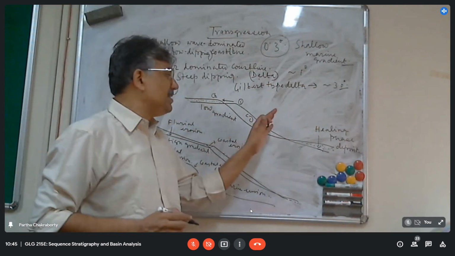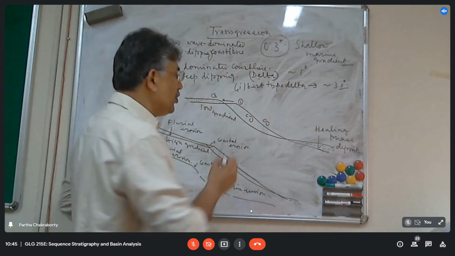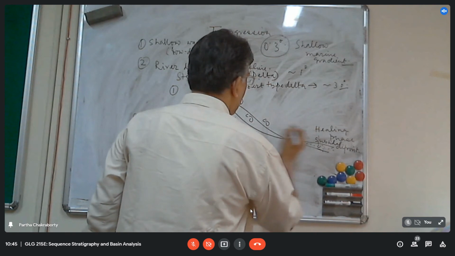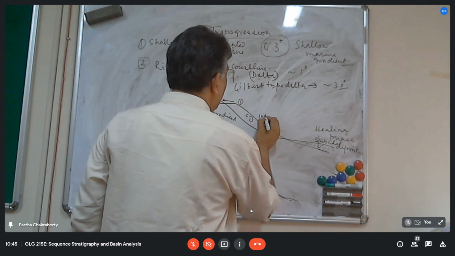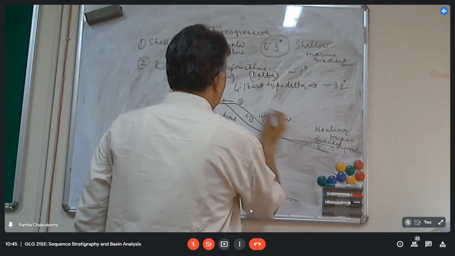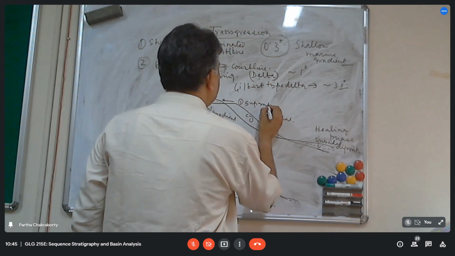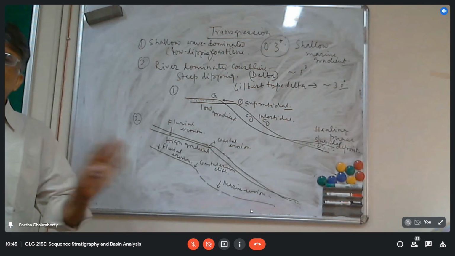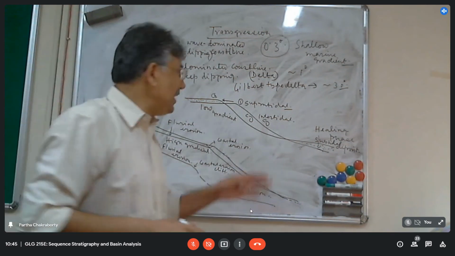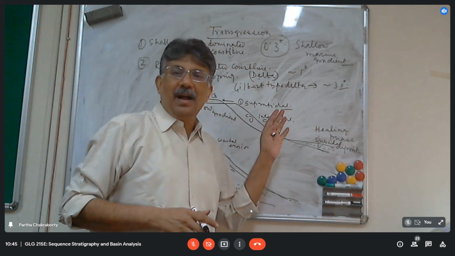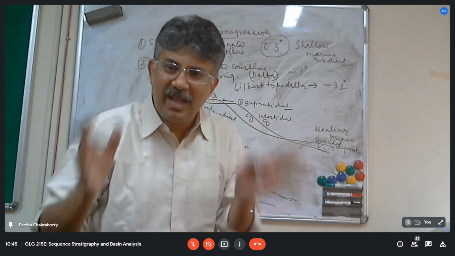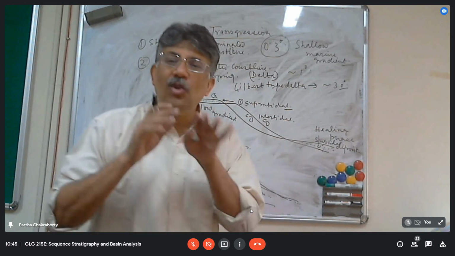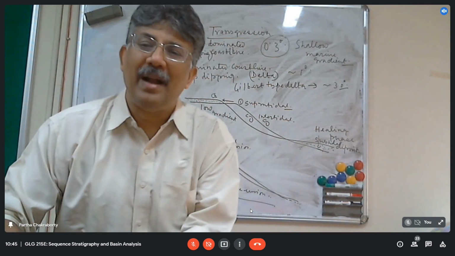If I divide this coastline into the subtidal, intertidal, and supratidal, these are the three subdivisions. The supratidal and intertidal parts will be wave reworked, and that sediment will be deposited in the lower intertidal or subtidal part.